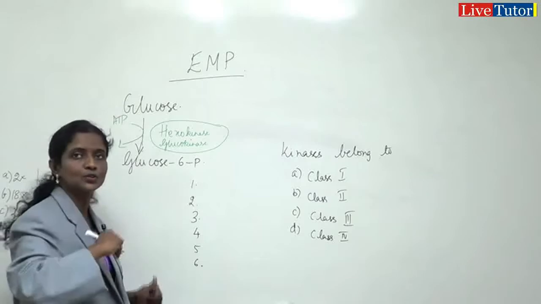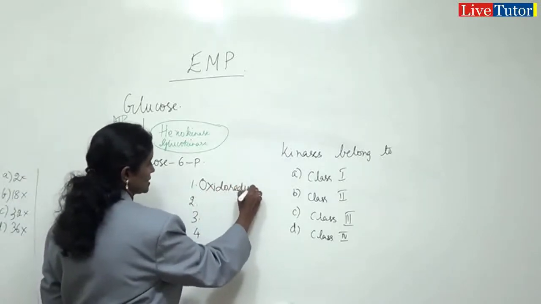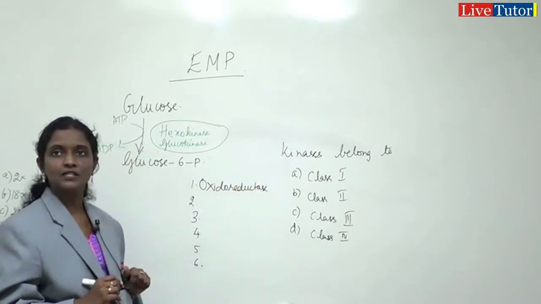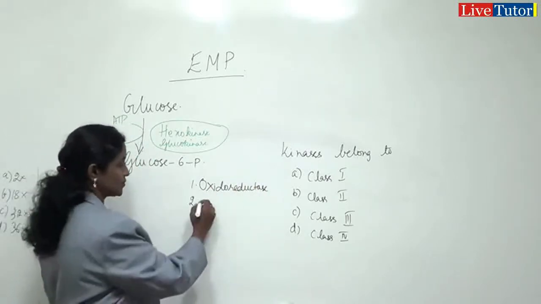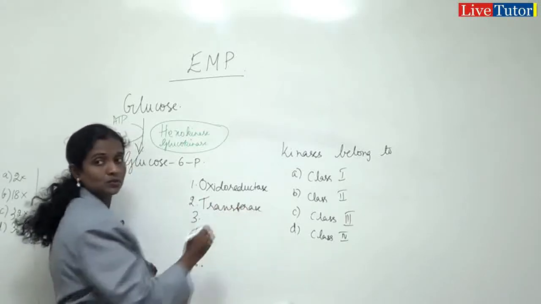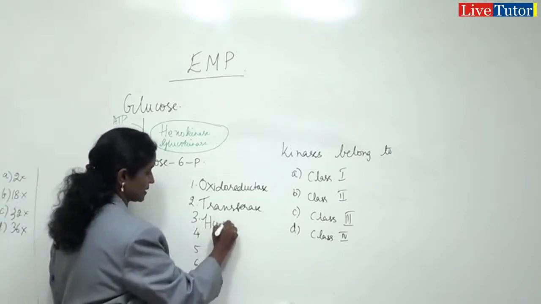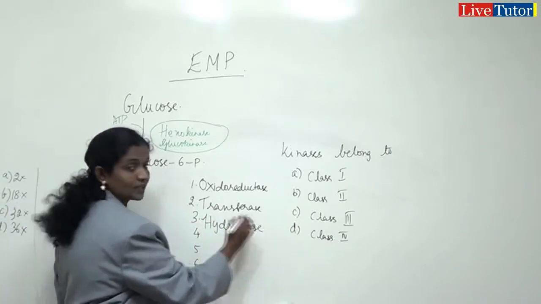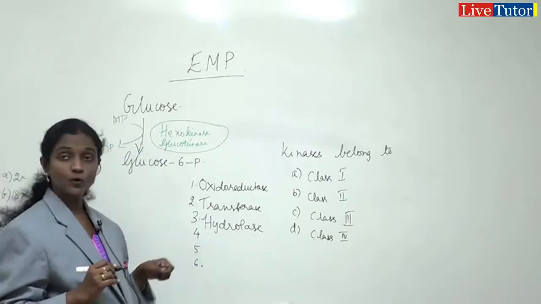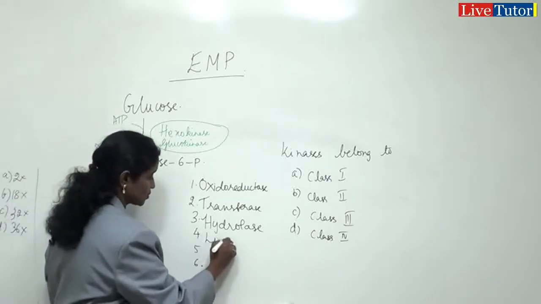Yes, the first one is oxidoreductase. Fantastic. Class 1 is oxidoreductase. Then class 2 is transferase. Then after class 2, what is class 3? Hydrolase. Then class 4 is lyase, wonderful.